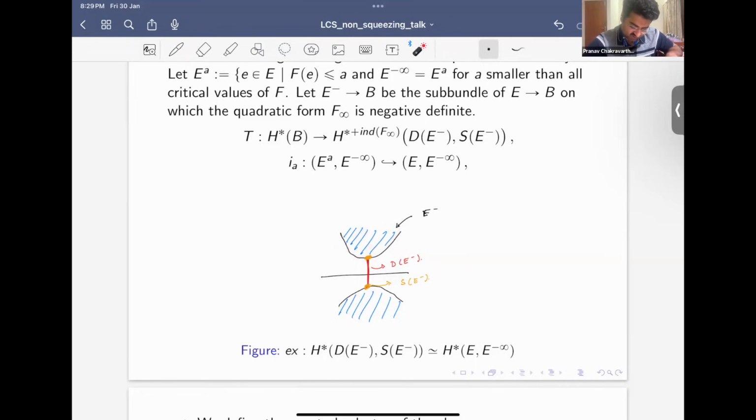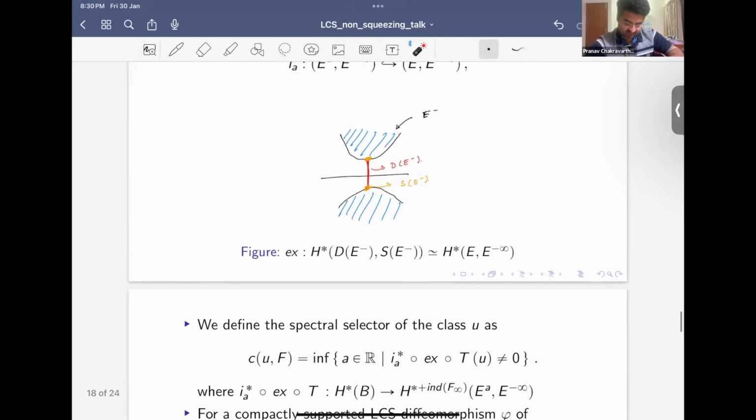These are points for which minus x1 squared minus x2 squared is less than some large value b, and these look like these two hyperbolas. The disk bundle is the line that joins these two, and the sphere bundle is the boundary points. So you can see that E, E is the entire space, and E, E minus infinity retracts onto the disk bundle, sphere bundle in this case.